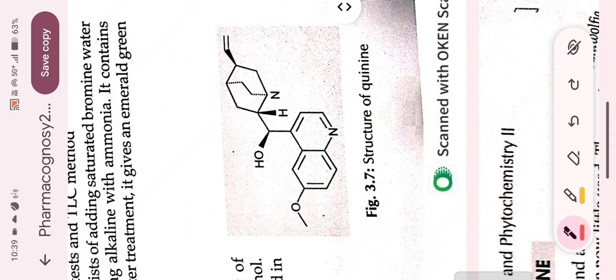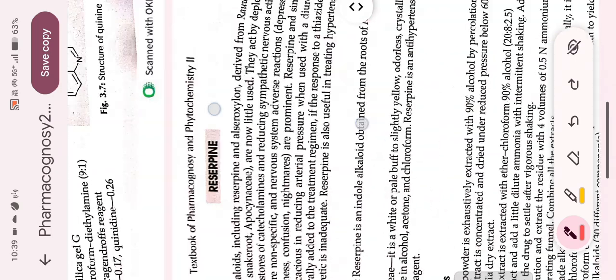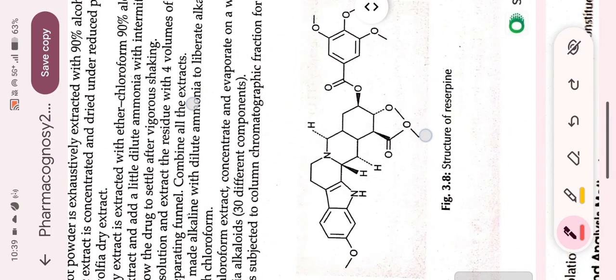Quinine. Okay, I'll write without saying. Firstly, our indole structure, and it is joined to the zigzag thing. Oh sorry, here OH, and we have H. That's all. We are done. Okay, quinidine is also done.